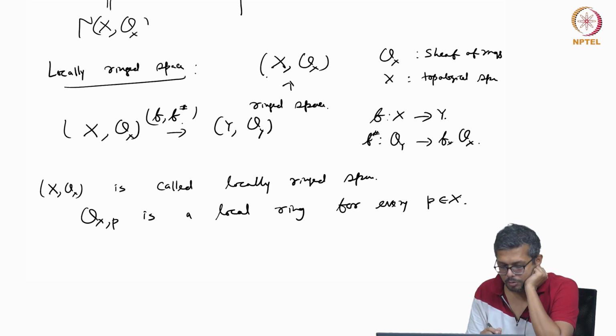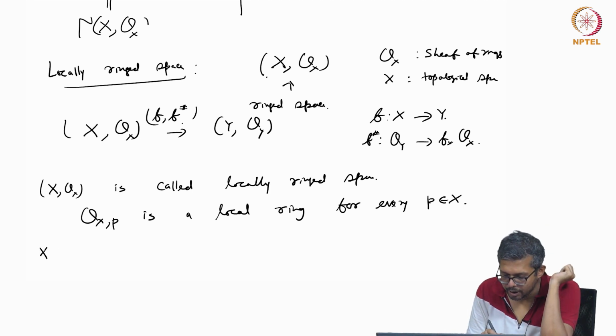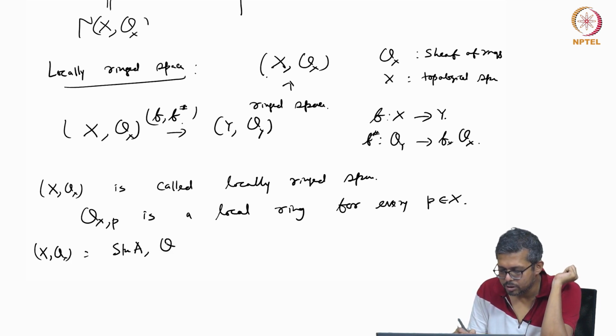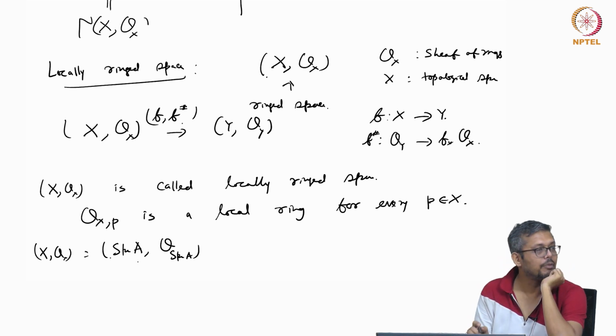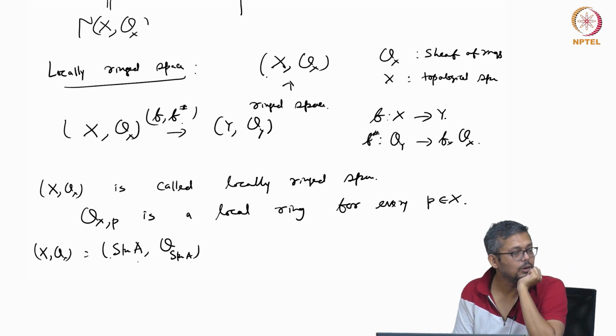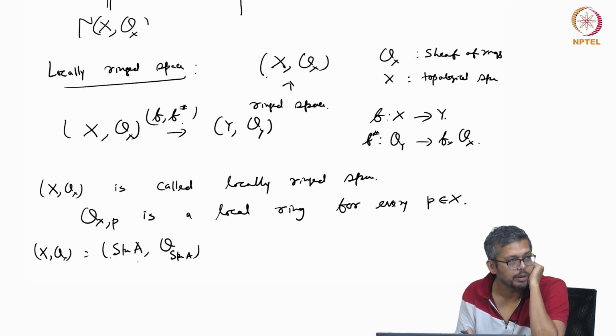So in particular, if you take (X, OX) to be Spec A with the structure sheaf of Spec A, this is an example of a locally ringed space. Because what is the stalk of the structure sheaf at the point P?